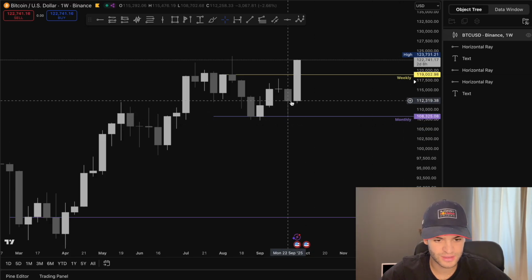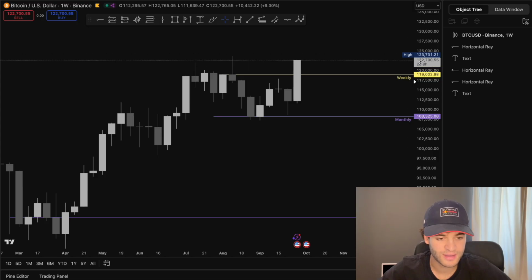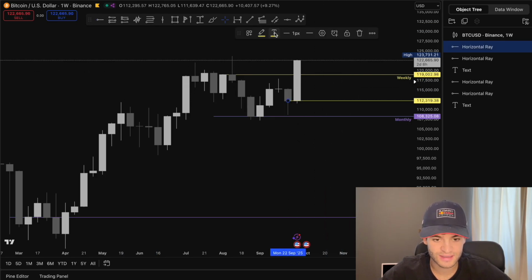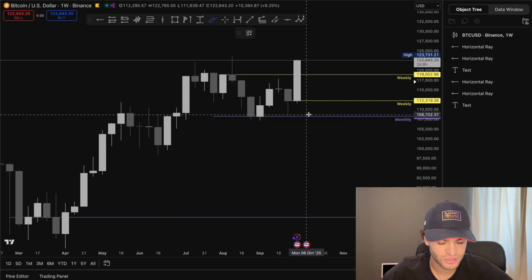However, this weekly right here, which by the way, little trick, this is not valid yet. Look at the candle. The candle still has 2 days and 8 hours to close. Therefore, we're not going to trace this yet as a weekly. Why? Because in 3 days, basically, there's almost 3 days left, this price action could come down to, for example, 108. This candle is not going to look like this anymore.